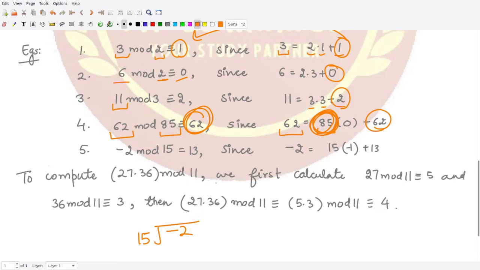You can express minus 2 as 15 multiplied with minus 1, because in this way we are also having negative integers, you can clearly see, right? So we can have 15 multiplied with minus 1 plus 13, so that you have minus 15 plus 13, which would give you minus 2, right? So you have 13 as the remainder in this case.